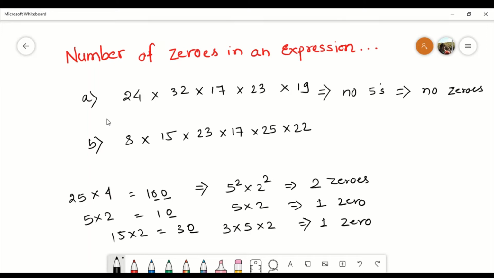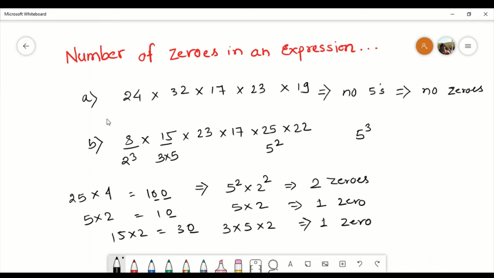But this expression has a 5 here, so this can be broken down to 3 into 5. This can be broken down to 5 square. So we have three 5s in this expression, a total of 5 cube, and then we'll have to see how many 2s we have.